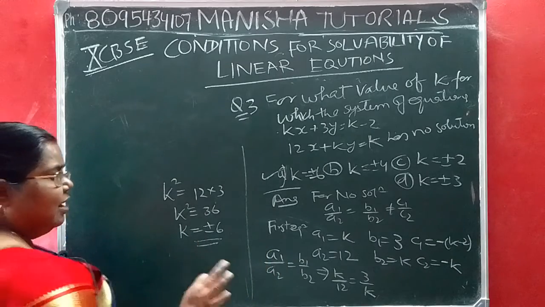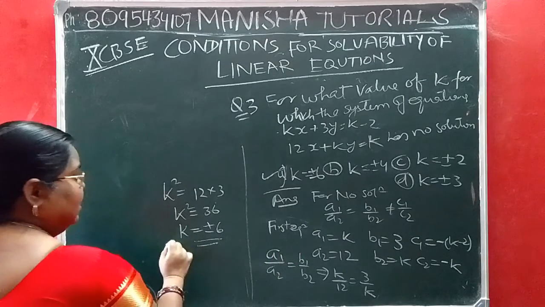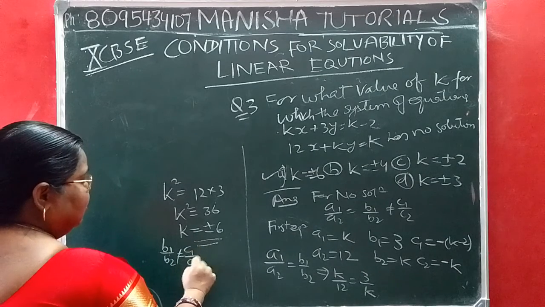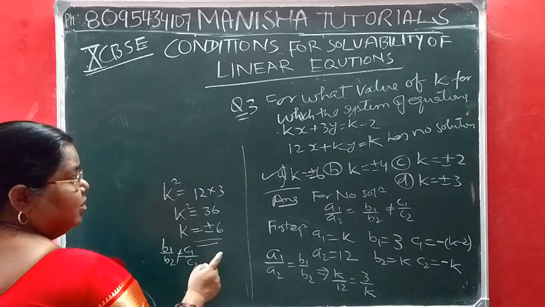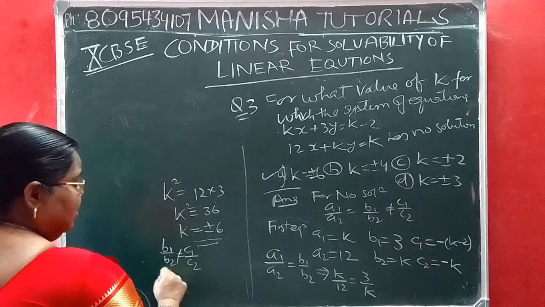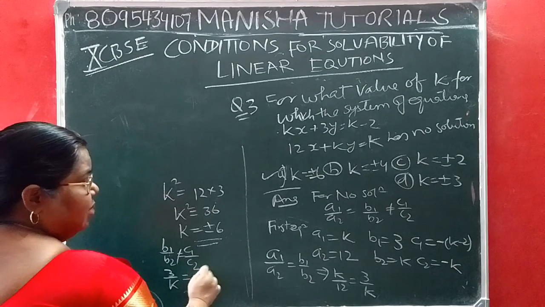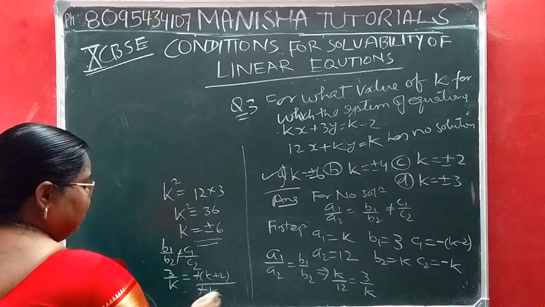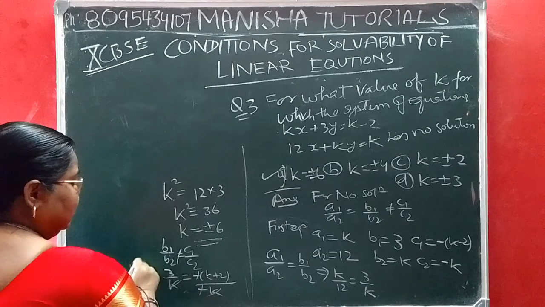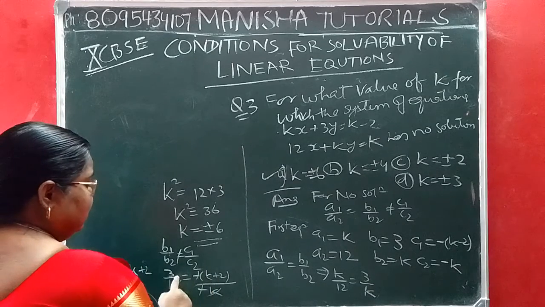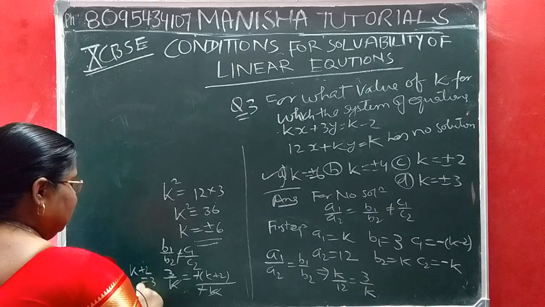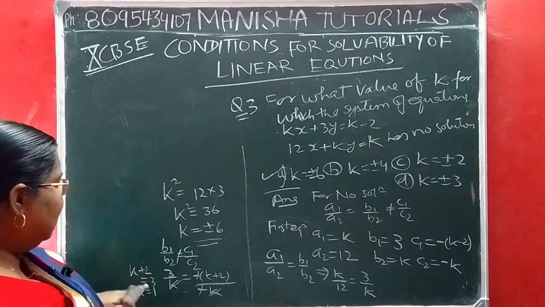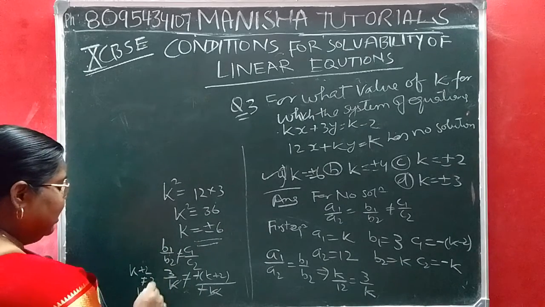For your satisfaction I am doing the third condition, b1 by b2 not equal to c1 by c2. So b1 by b2 is 3 by k, not equal to (minus k plus 2) by minus k. Here the minus signs cancel, so k minus 2 over k, and cross multiplying, k is not equal to 1.